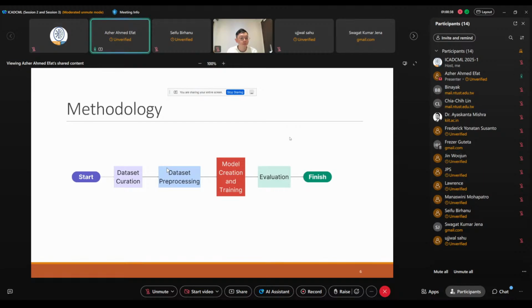So if we talk about the methodology of this work, we can divide it into four specific parts. One is the dataset curation, then we have dataset pre-processing, and after that we have model creation and training process, and finally the evaluation of our proposed architecture.